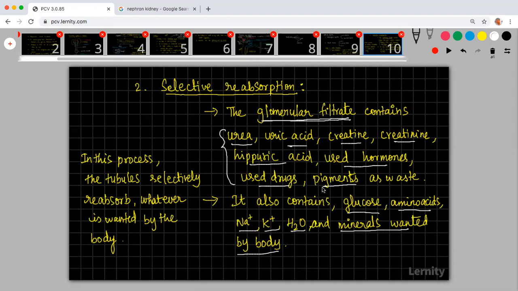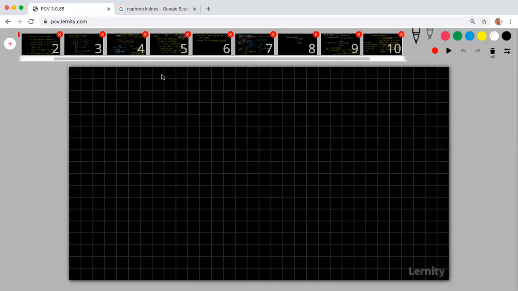Okay, so whatever is needed is absorbed. That is the second step. And the third step is called tubular secretion.